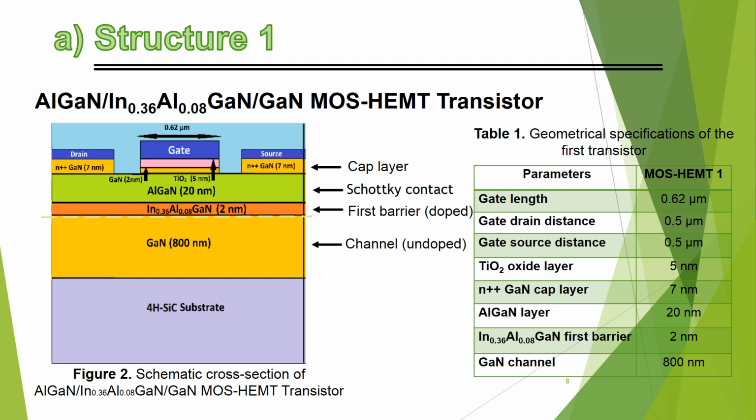In this structure, we have a GaN layer as the Schottky contact layer, non-doped, with 20 nanometer thickness. Then an InAlN barrier doped layer with a large band gap. Then the GaN channel, a doped layer with a small band gap. The confinement of electrons is at the InAlN/GaN interface.